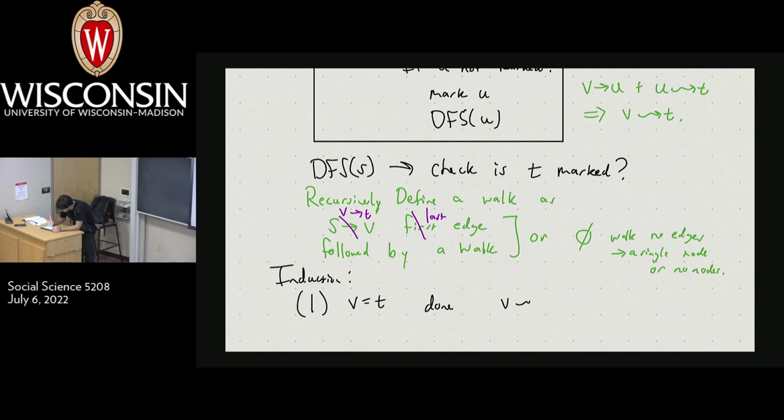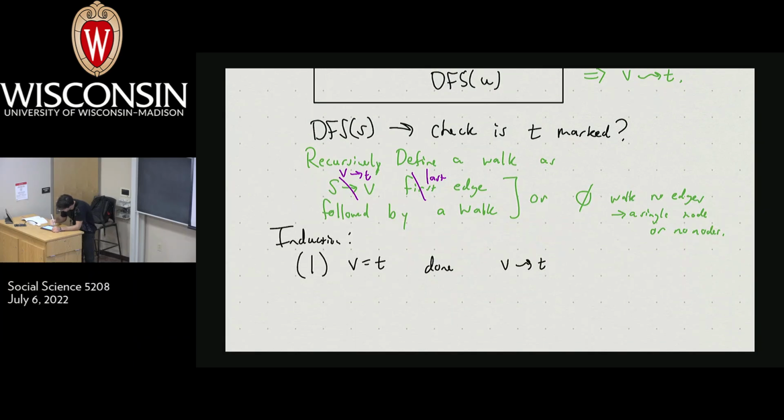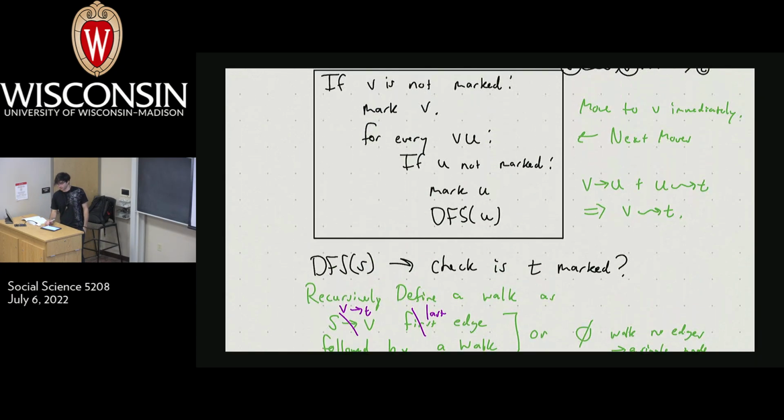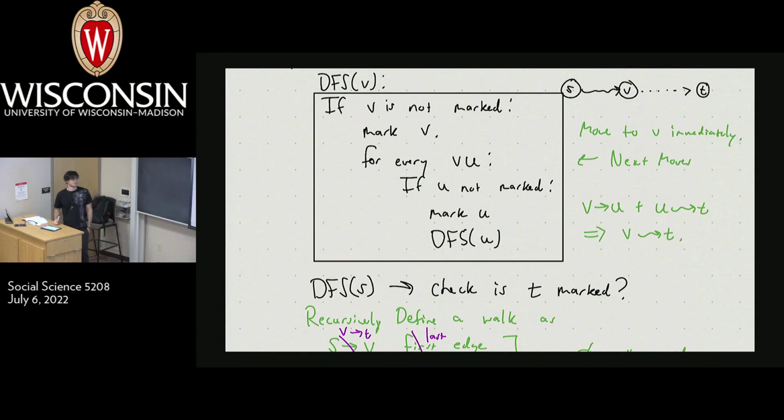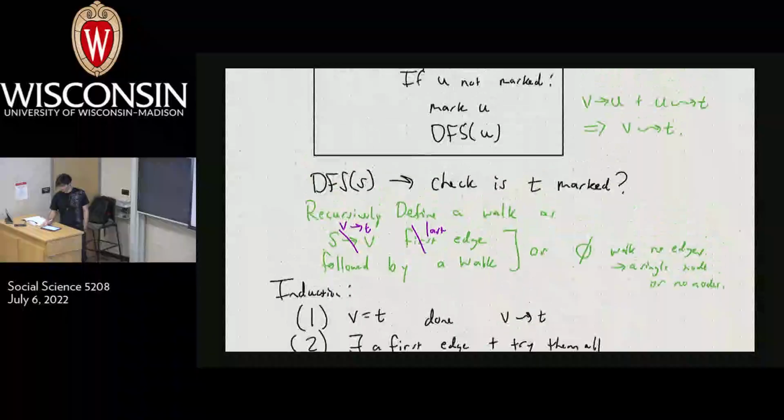There's a walk from V to T, being the empty one, or there exists a first edge. And we tried them all. There's also the last case where there is no walk, in which case we'll also be correct because we'll never hit T then. But those are the two main things.